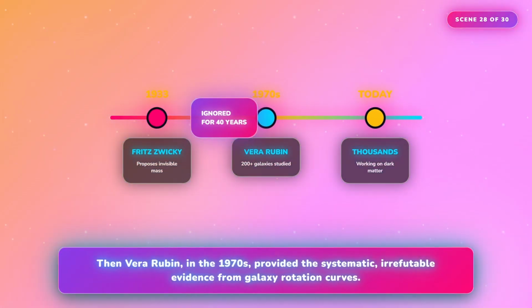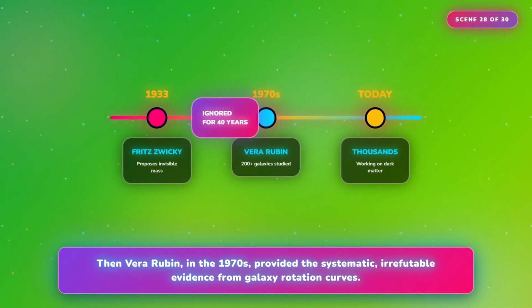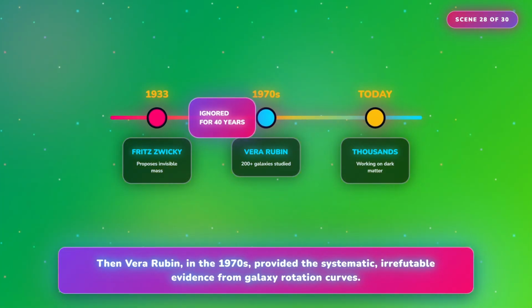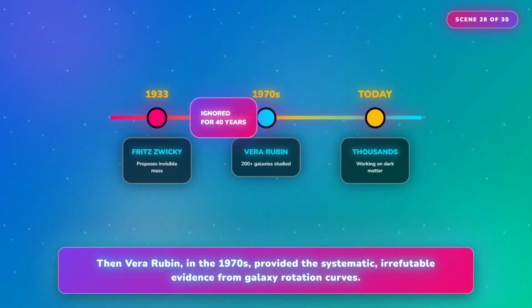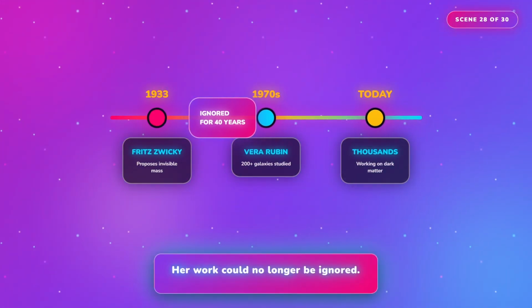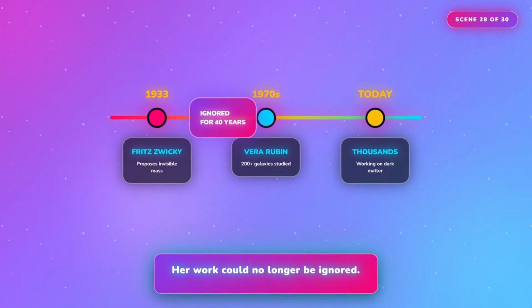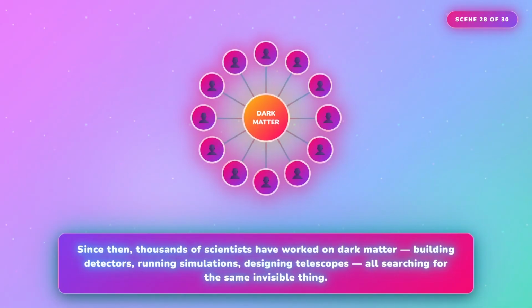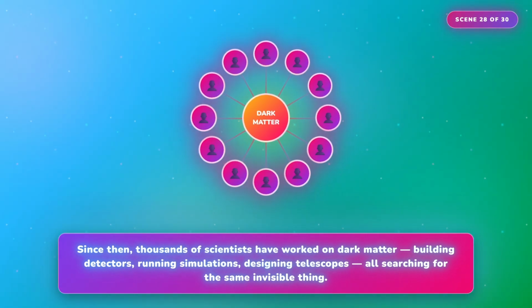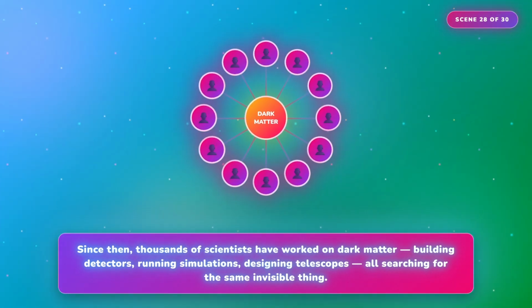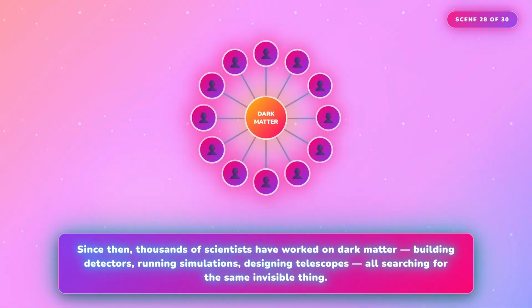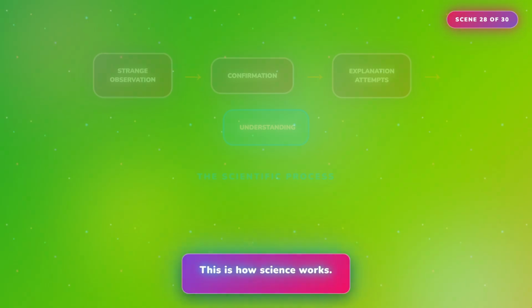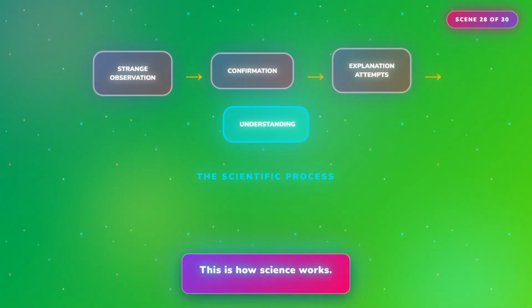Then Vera Rubin, in the 1970s, provided the systematic, irrefutable evidence from galaxy rotation curves. Her work could no longer be ignored. Since then, thousands of scientists have worked on dark matter, building detectors, running simulations, designing telescopes, all searching for the same invisible thing.